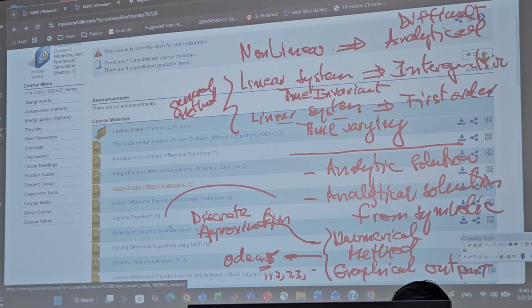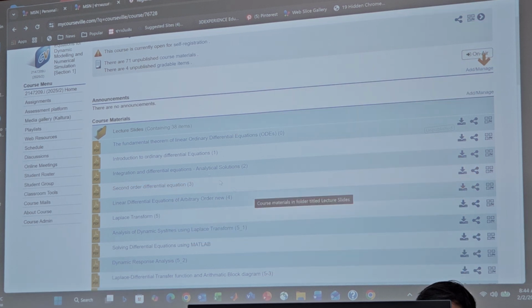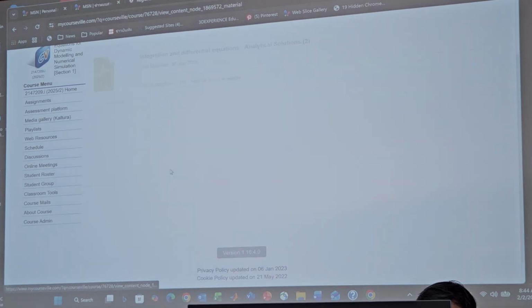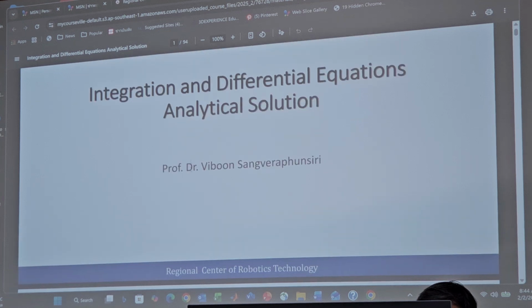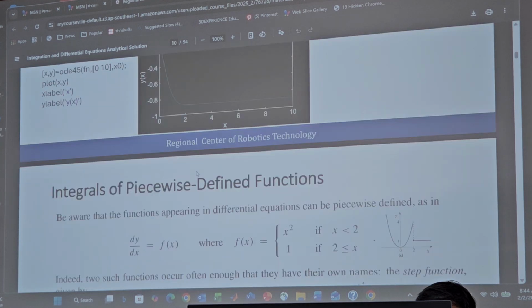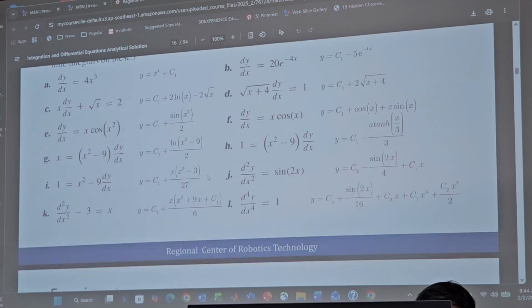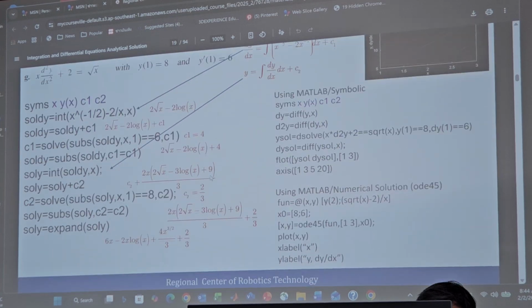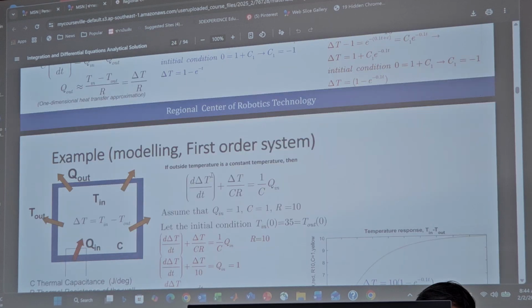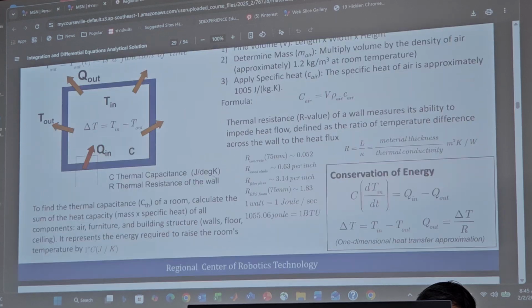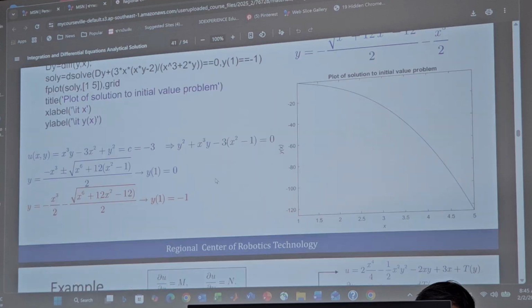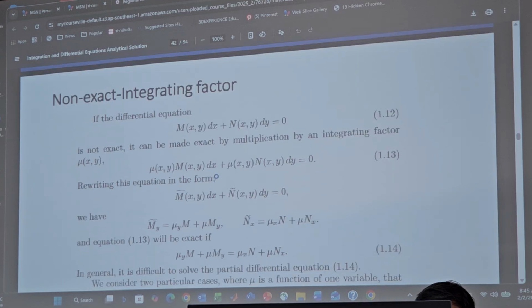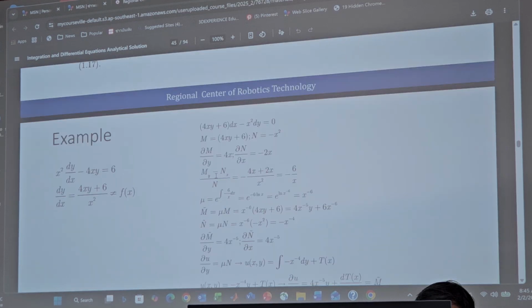Discrete approximation, right? Look at this one. For example, let's say you have this one, discrete approximation from this line. I give you some example of this one.